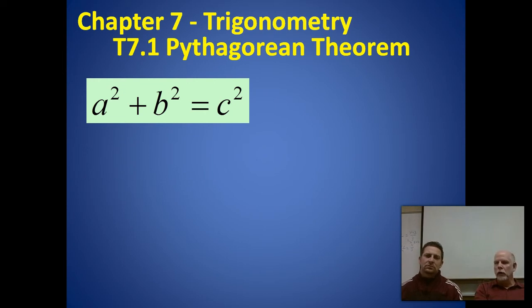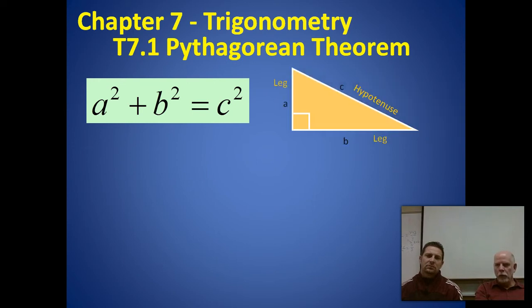So if we look at the parts of a right triangle, we've got to remember the pieces. The two sides of a right triangle are called the legs, and it really doesn't matter which one's A, which one's B. You can flip-flop those. It doesn't matter which one's shorter or longer, or if they're the same. The longest side of a right triangle, always the side opposite the 90, is called the hypotenuse.